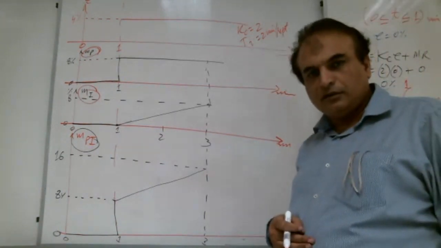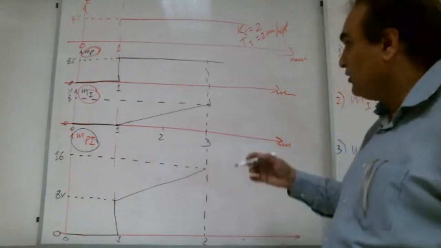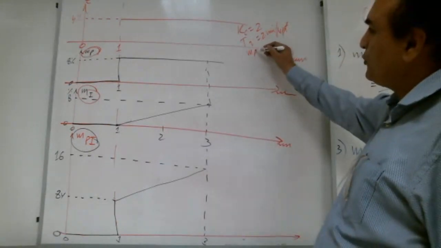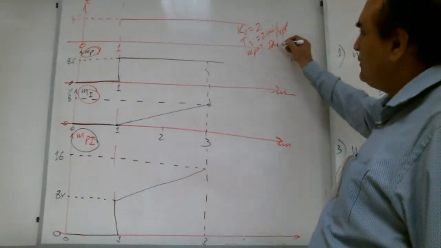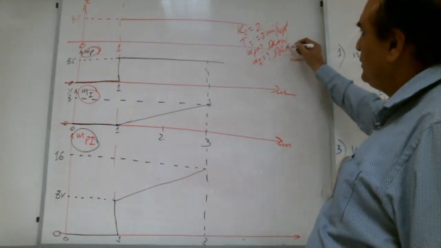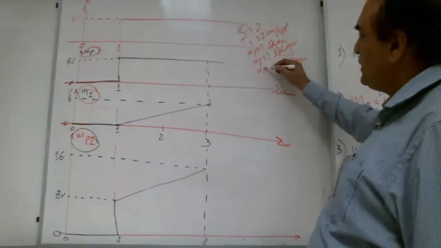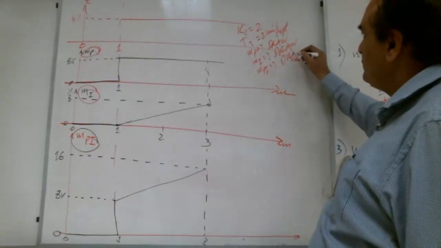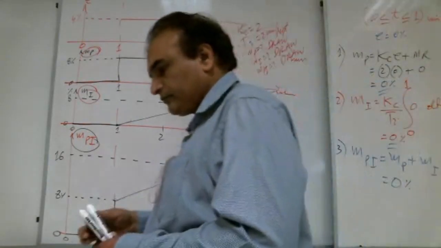So we need to find the output due to proportional action and draw, the output due to integral action and draw, and we need to find MPI and draw.